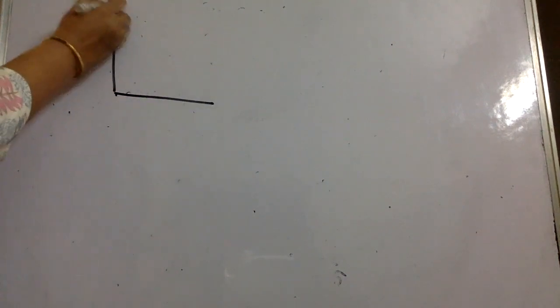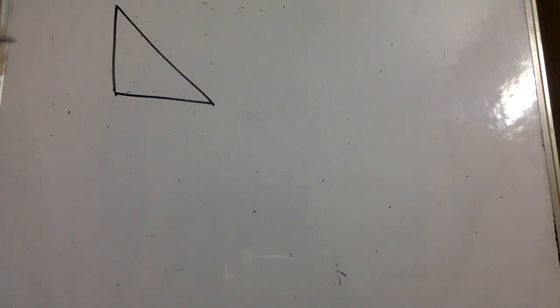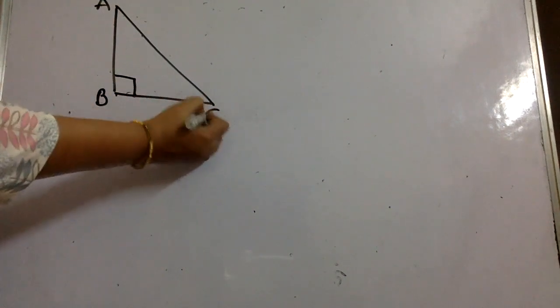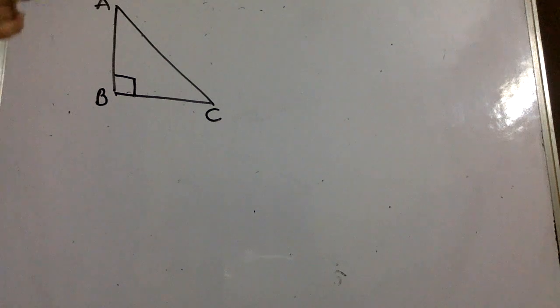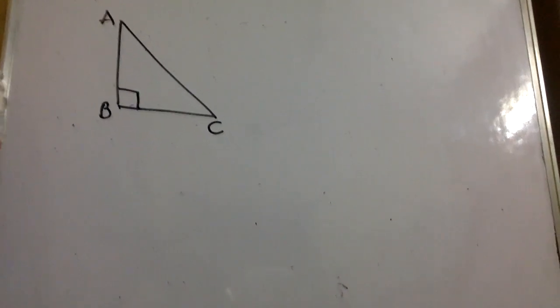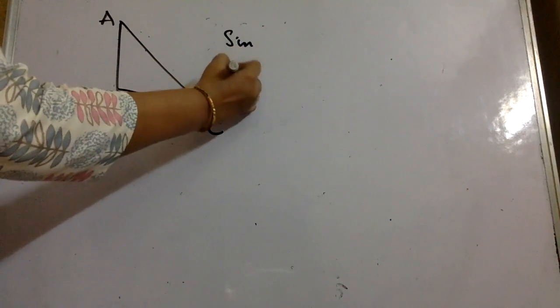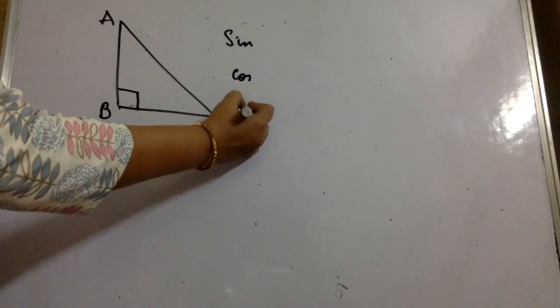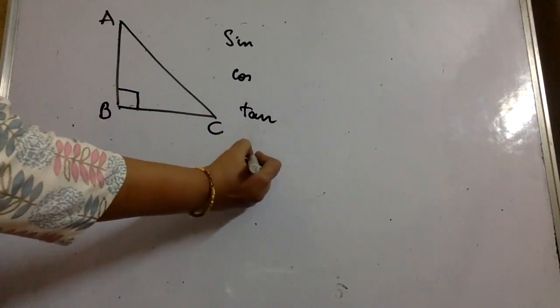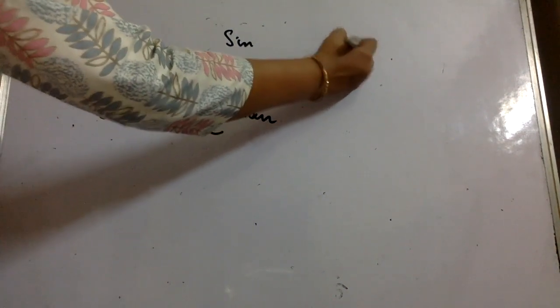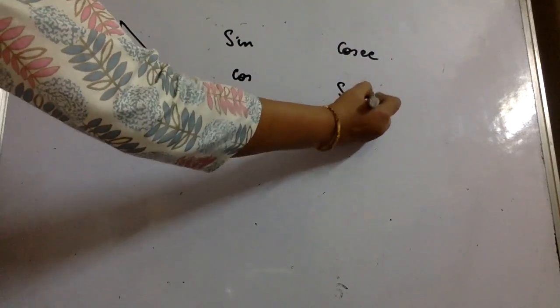The entire trigonometry is based on only right angle triangles. So here this is a right angle triangle, right angled over here, and I can name it as A, B, and C. Now in trigonometry, as you proceed, you will see that there are different words used like sine, cos, and tan, and you also hear cosec, sec, and cot.